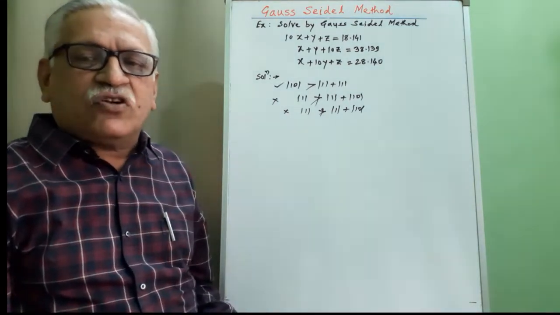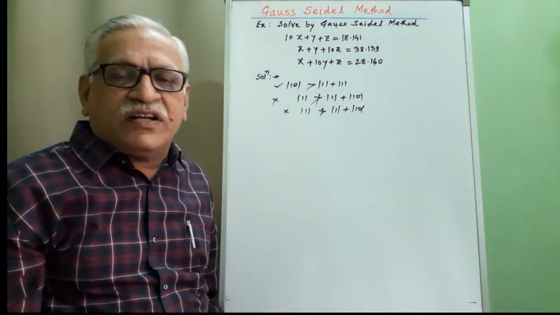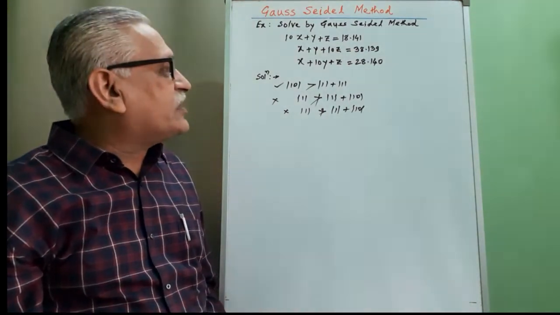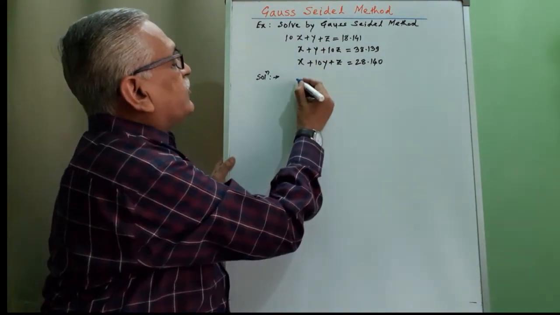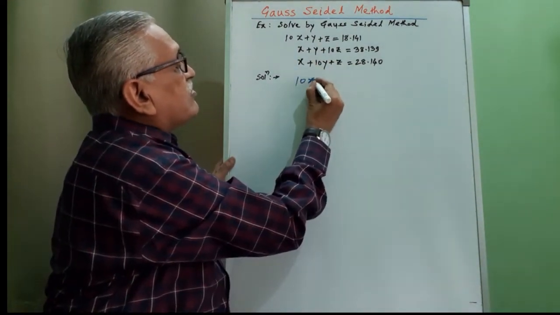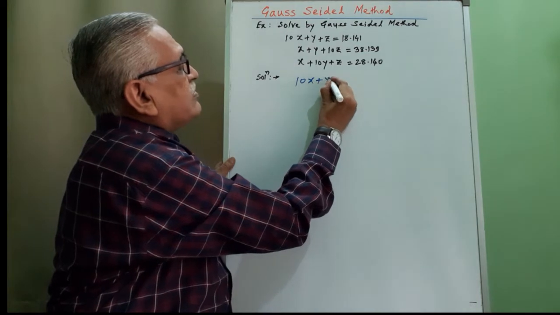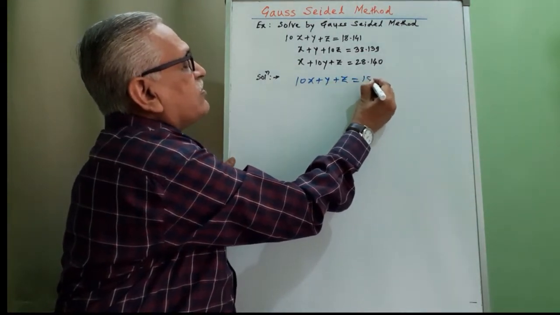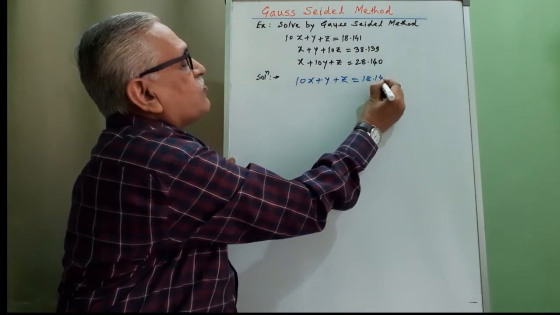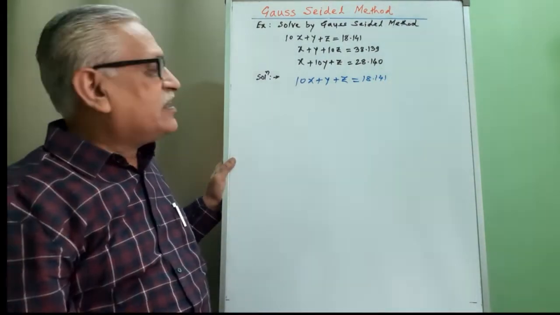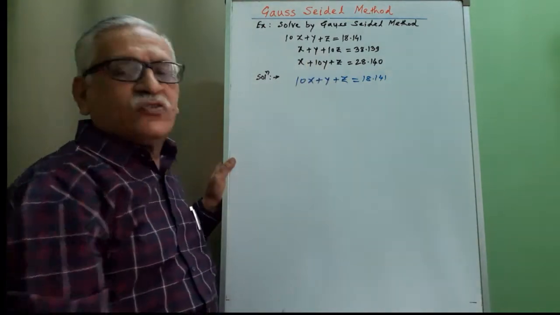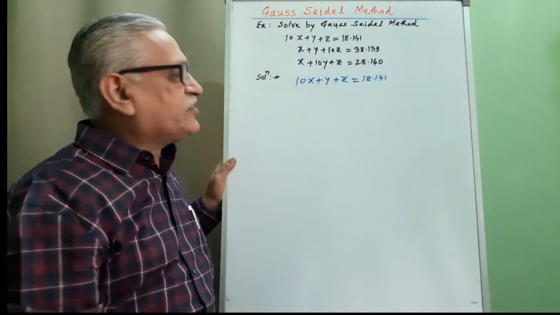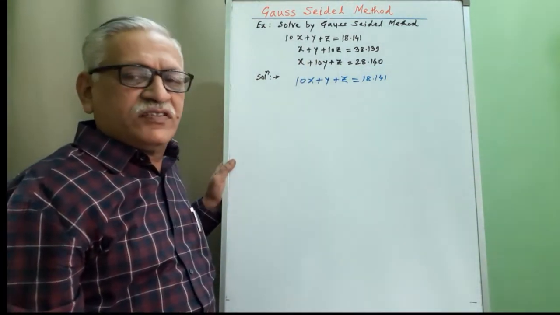As the condition is not satisfied, we have to rearrange the equations. The first has no change, so it is 10x + y + z = 18.141, and equation 2 and equation 3 we have to interchange so that the condition of convergence is satisfied.